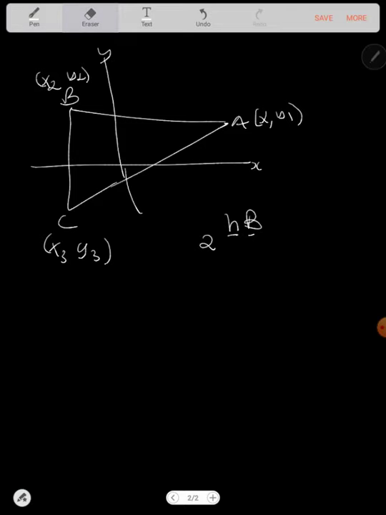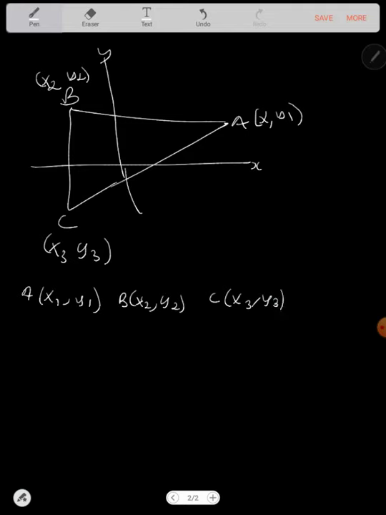So we have A, which is x1, y1, B, which is x2, y2, and C, which is x3, y3.